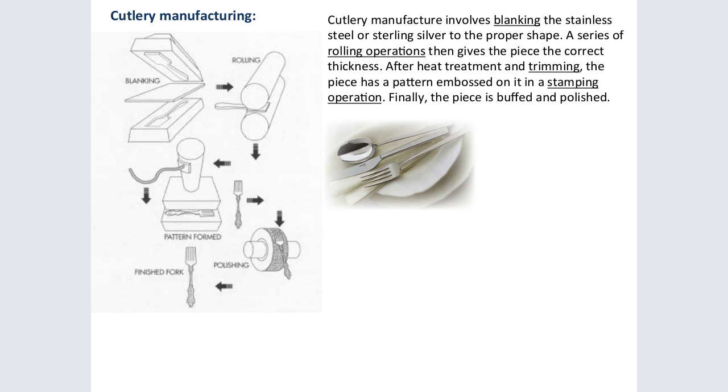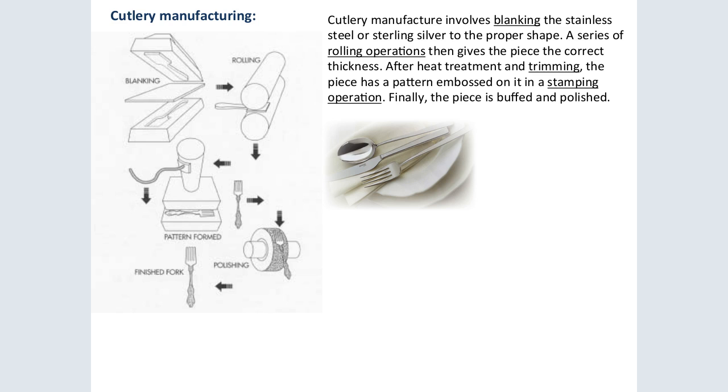So cutlery manufacturing, so we also have the sheet metal forming, also involves the manufacturing of the cutlery. Now the cutlery manufacture involves the blanking of the steel or sterling silver on the proper shape. A rolling operation then gives the piece of the correct thickness. So after heat treatment and trimming, the piece has a pattern embossed on it in a stamping operation.